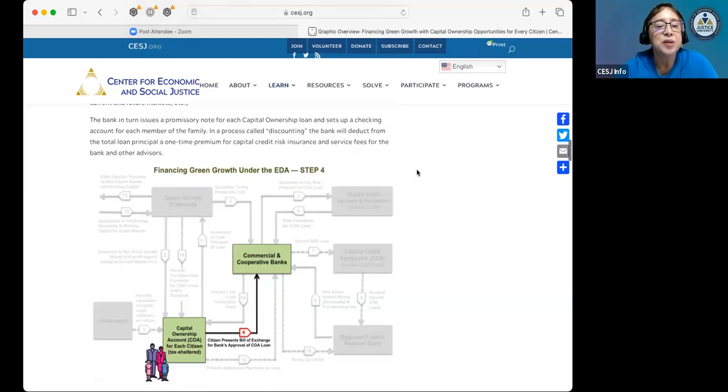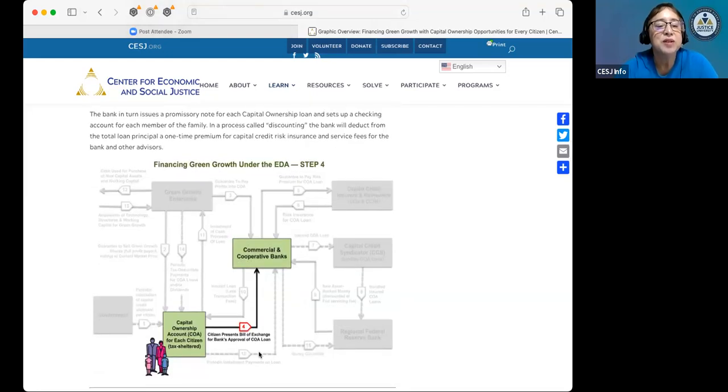The bank, in turn, in exchange for this bill of exchange, is going to issue back to the citizen through their account a promissory note for each capital ownership loan. It's going to have a special checking account, and I assume this is in the capital ownership account, or Mike can clarify that.